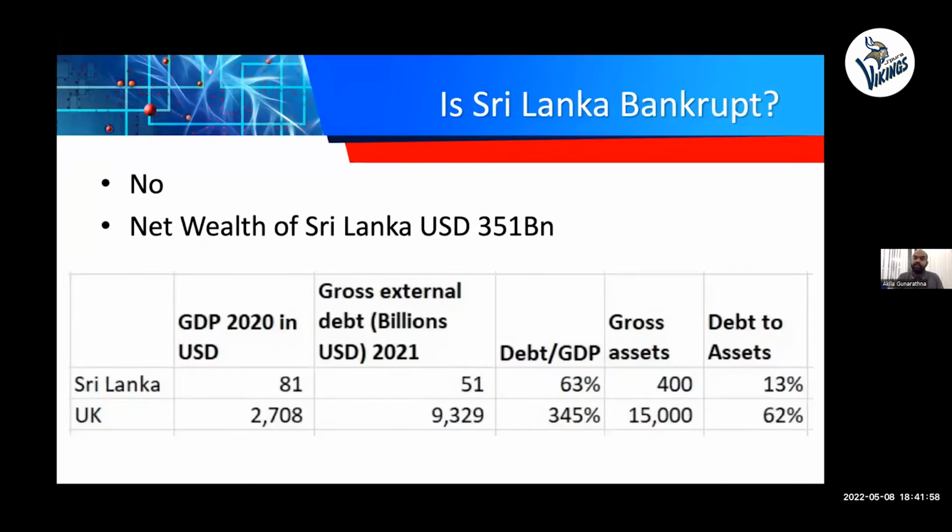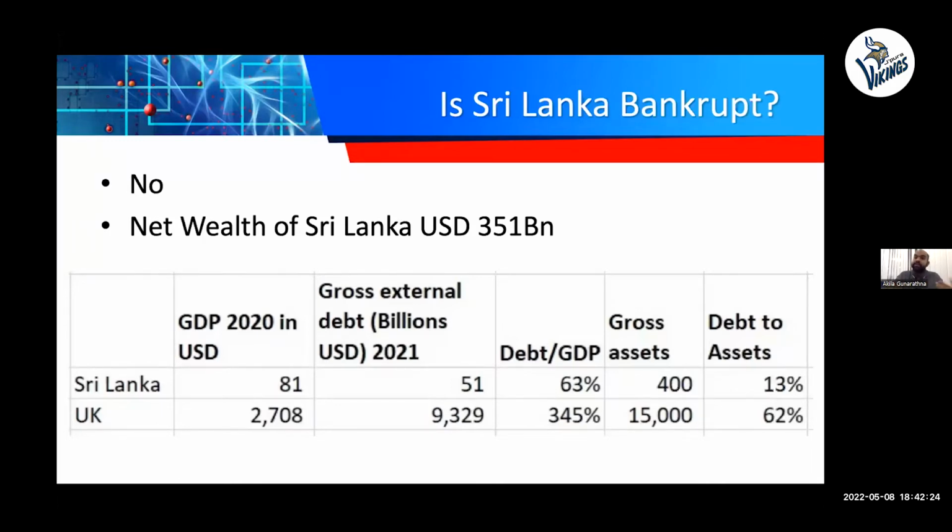Still, with all that, net wealth in Sri Lanka is 351 billion US dollars, after deducting your debt of 51 billion. So it's a 400 billion worth country. You have assets worth that amount. So we still have net wealth, we are not bankrupt.